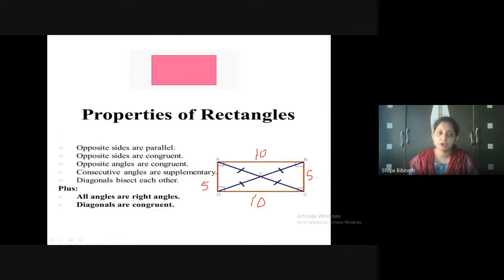Opposite sides will be of equal length. Opposite sides are parallel to each other, they are congruent to each other, and the diagonals bisect each other, dividing into two equal parts. So all the angles are 90 degrees in rectangles.